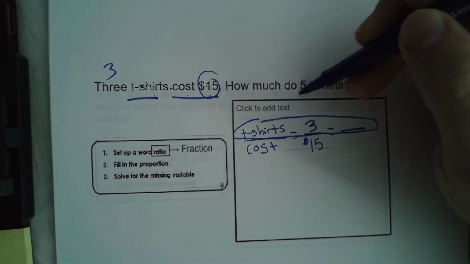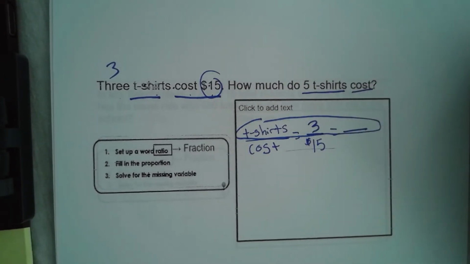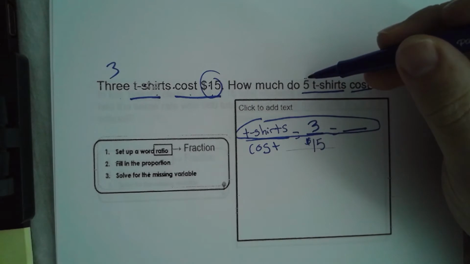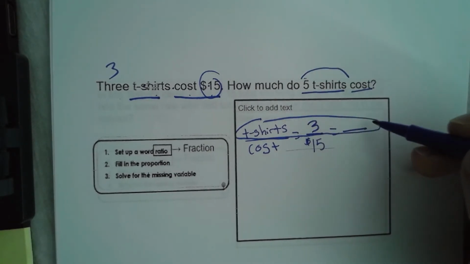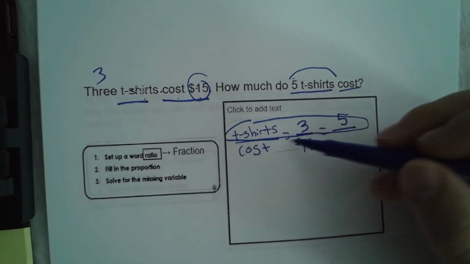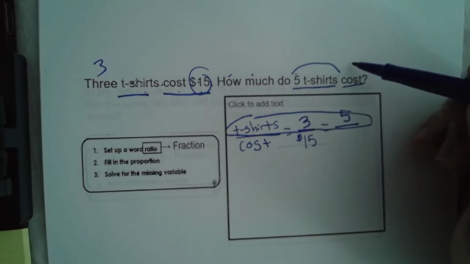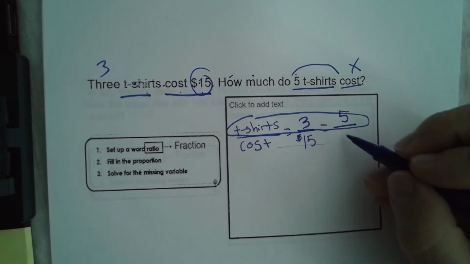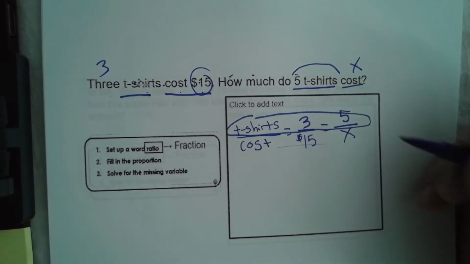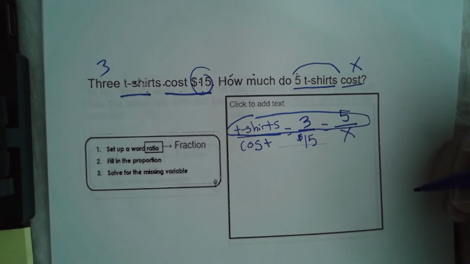How much do 5 t-shirts cost? Where do I put this 5? It's 5 t-shirts, so I'm going to put it on the top, because top is for t-shirts. And I'm trying to see how much they cost. I don't know how much they cost, so I'm going to write an N. Oh, excuse me, an X. You can do any letter you want. P, Q, W, I don't care.